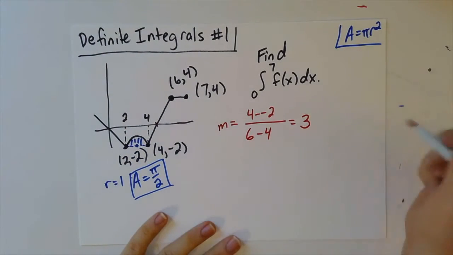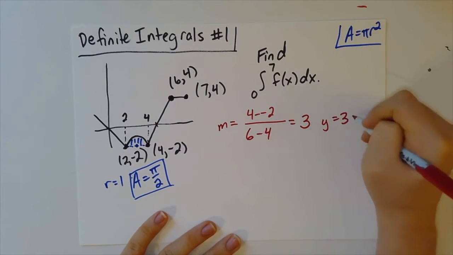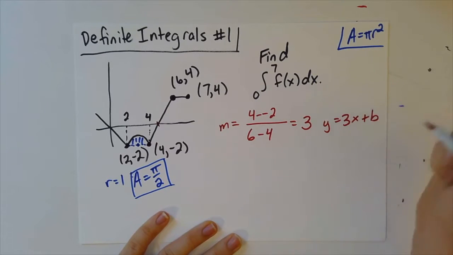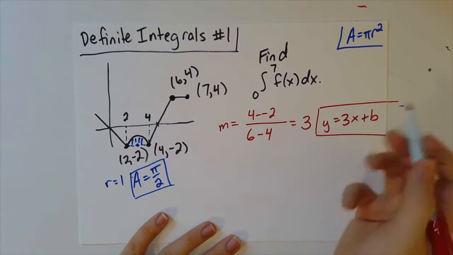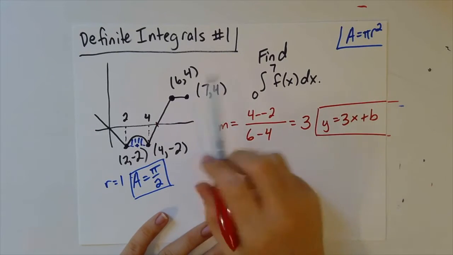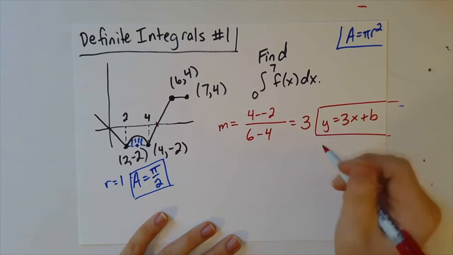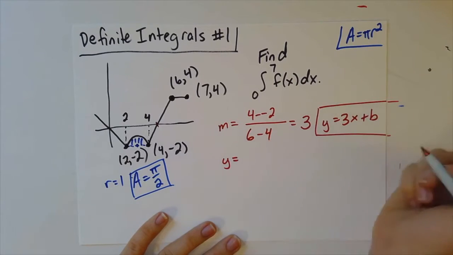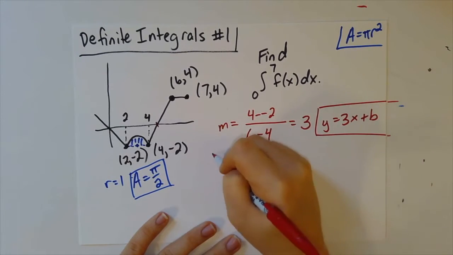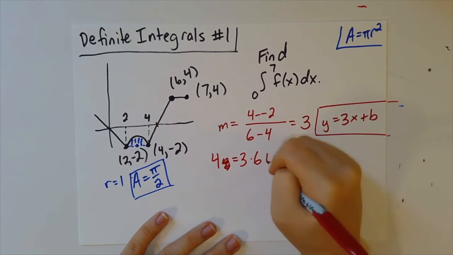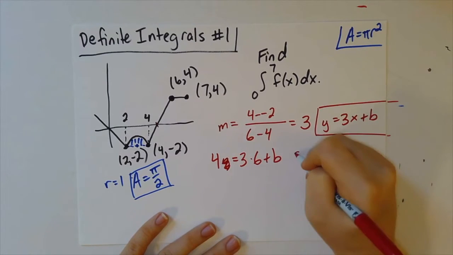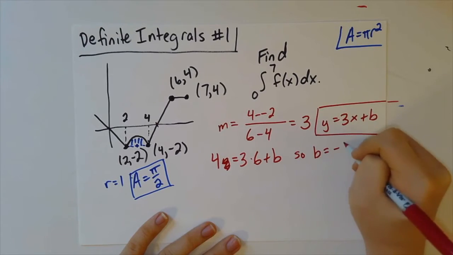So this line's equation looks like y equals x plus b, and it passes through the point (6, 4), say. So if we write this down, we get 4 equals 6 plus b. So b is minus 2.